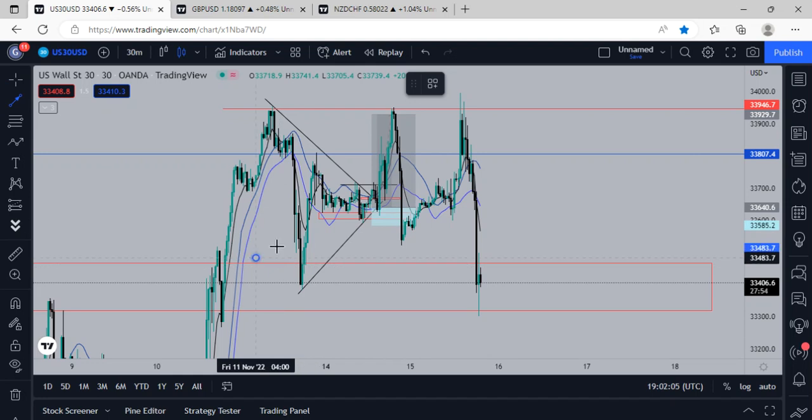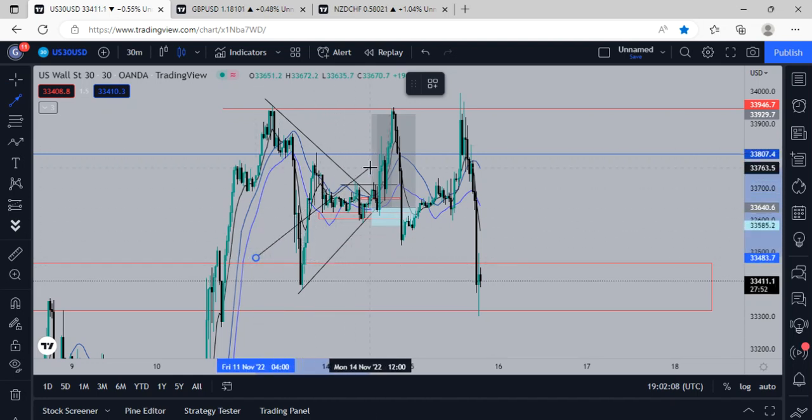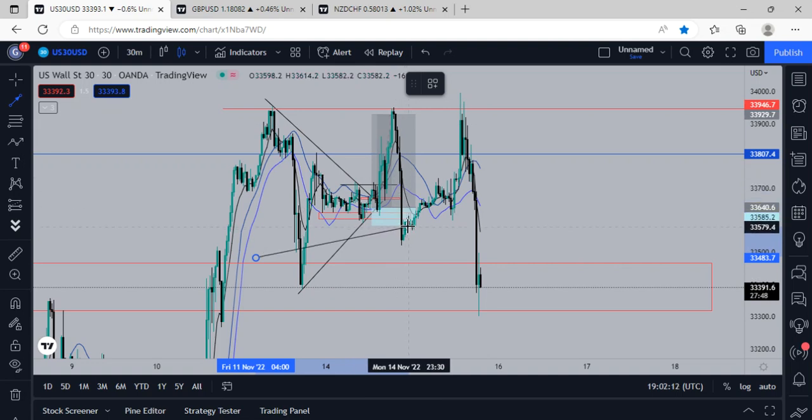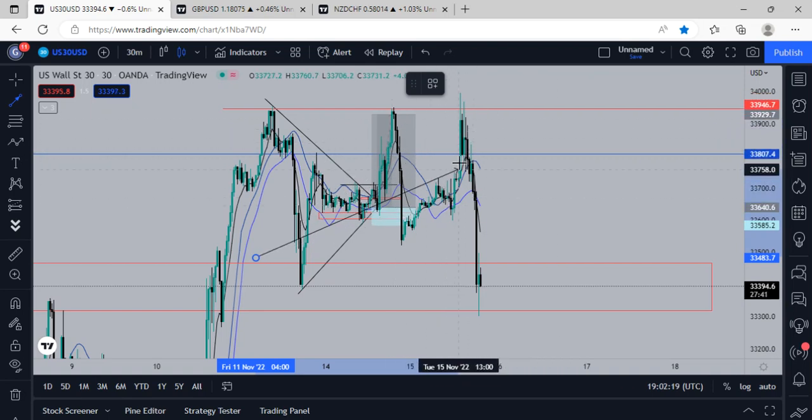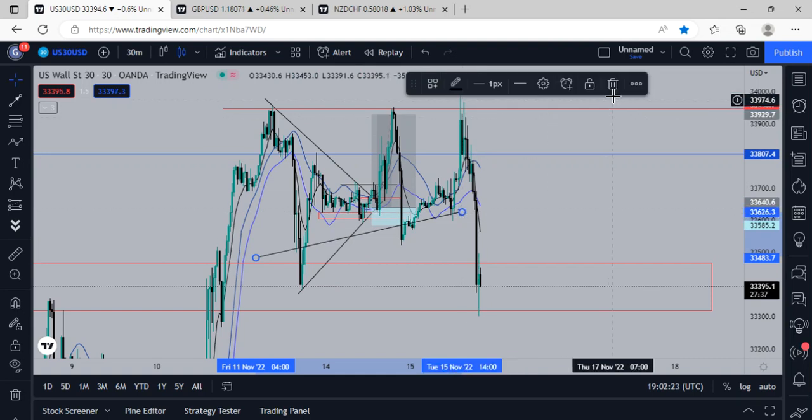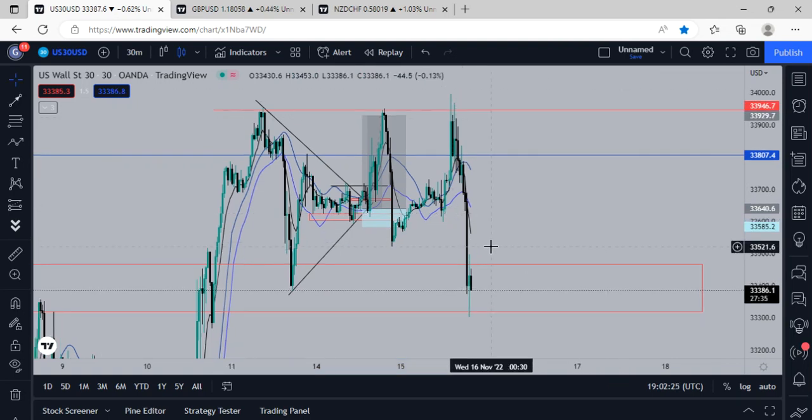The M formation happens when price breaks out at a level, this resistance over here, then falls back into it, then does it again to build up liquidity, to build up more selling power after it broke this level, then comes back into it again, all right? That is making an M, okay?